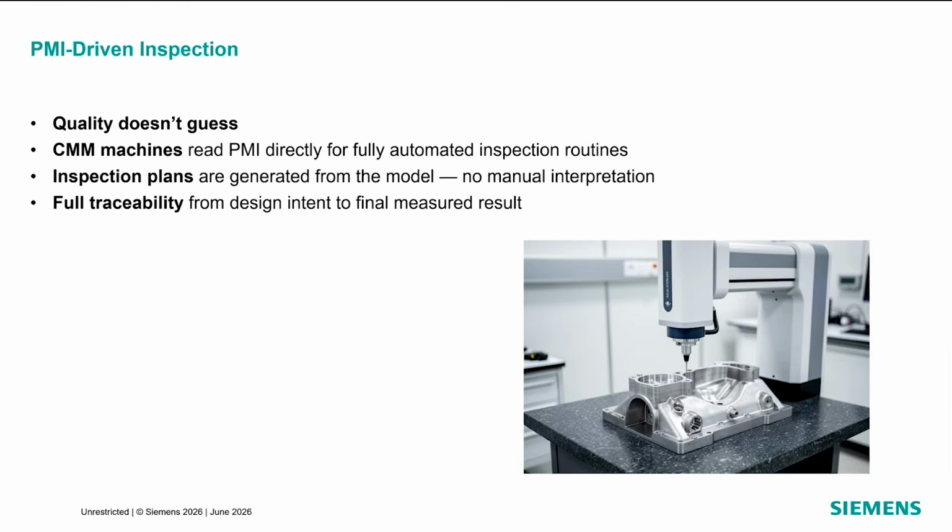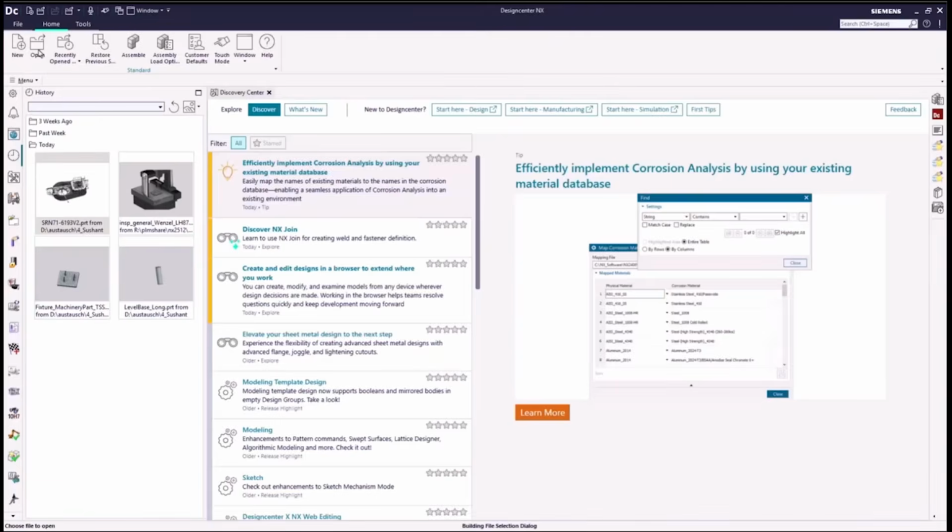One of those downstream applications, if I were to give you an example, would be CMM, right? The PMI-driven inspections. You want to read your PMIs directly from your model inside, for example, Designcenter CMM. So no manual interpretation. You want to make this process automated. And you can go ahead and do so with the interoperability that exists between the Designcenter suite.